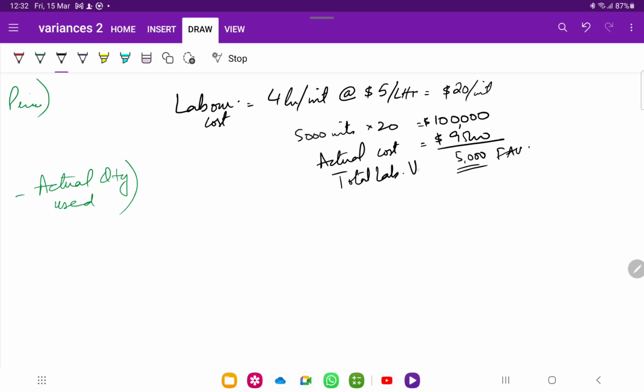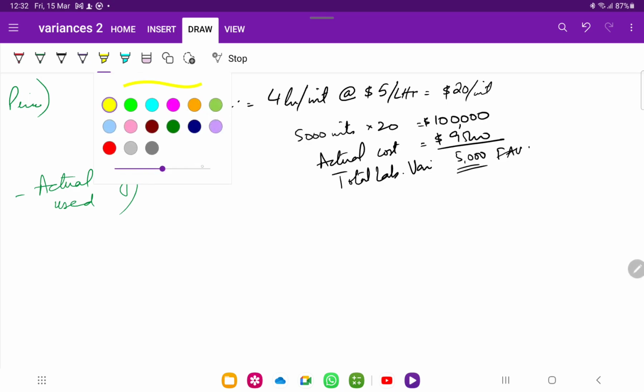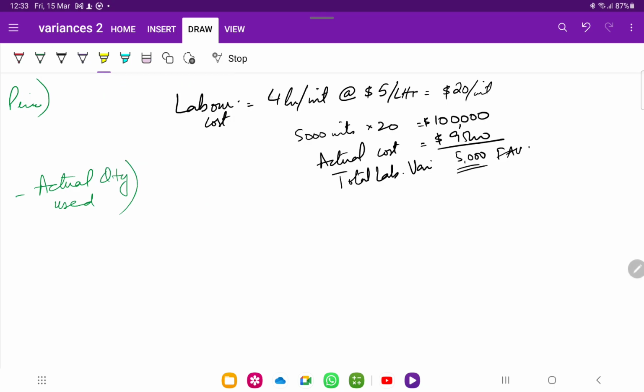Now what actually happened is, there are two chances. What can be the reasons? The first reason is labor hours can be lower as compared with the expectations, or the second reason can be that the wage rate which the company paid was less than $5 per hour. There is no third reason.